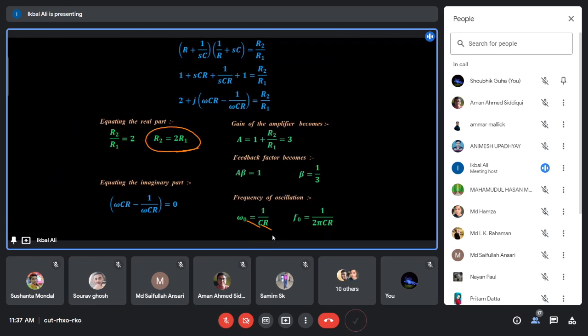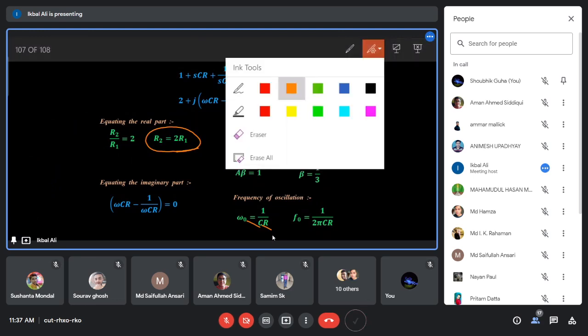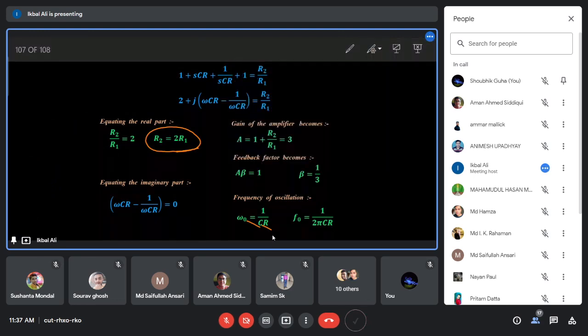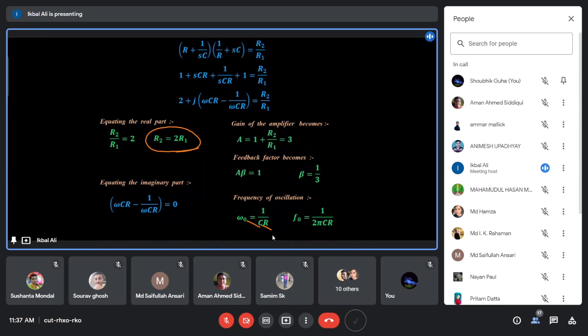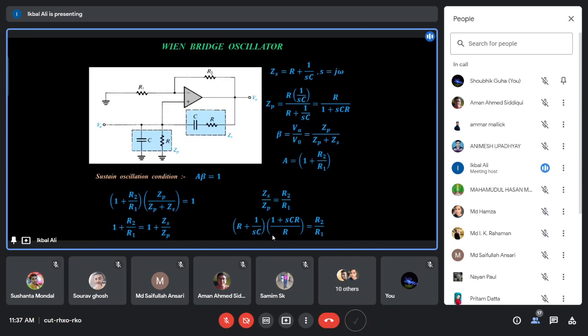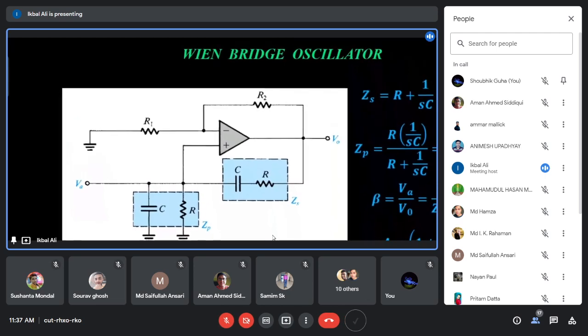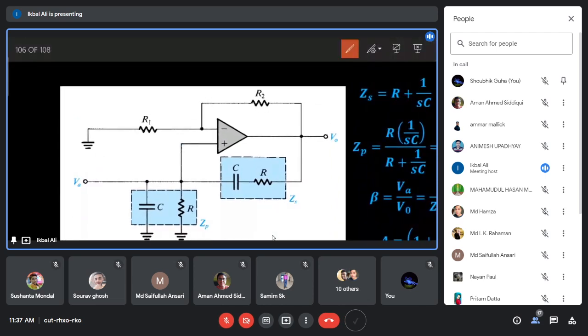Now these two resistances, R2 and R1, are the amplifier resistances. So the R2 resistance should be twice that of R1. This is called the sustained oscillation condition.